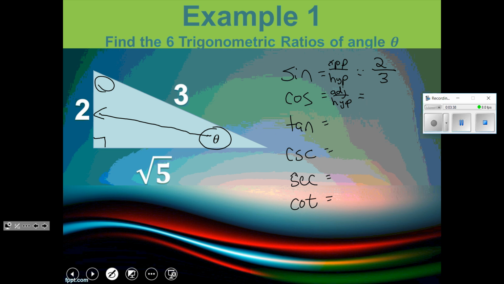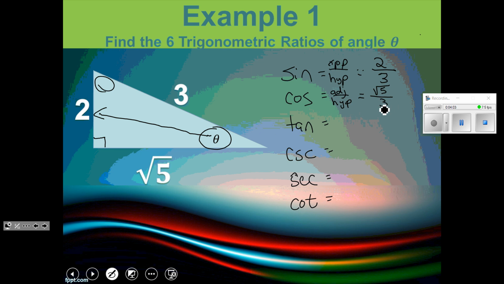Both of these sides are beside theta, but you can't use the 3 because the 3 is the hypotenuse. So which other side is beside theta? The square root of 5. So the cosine is the square root of 5 over 3.